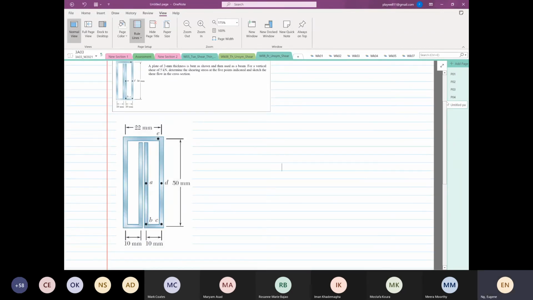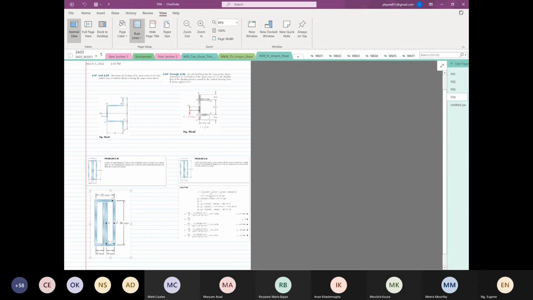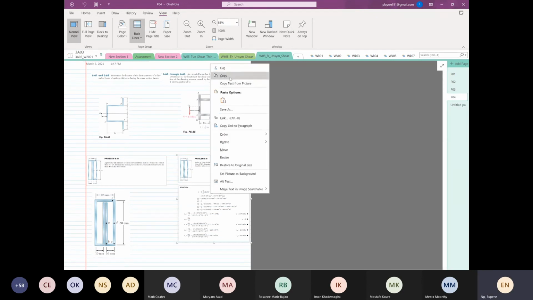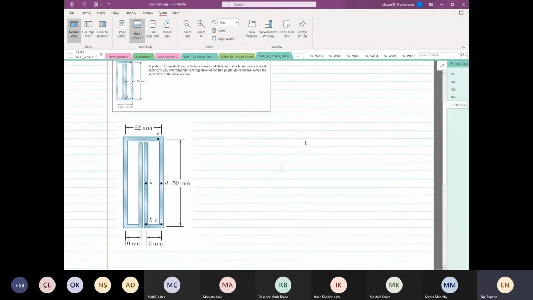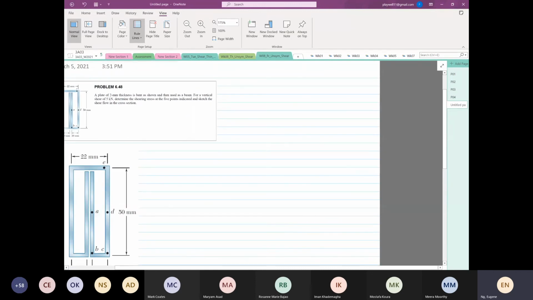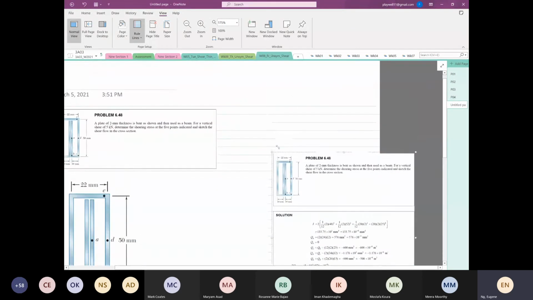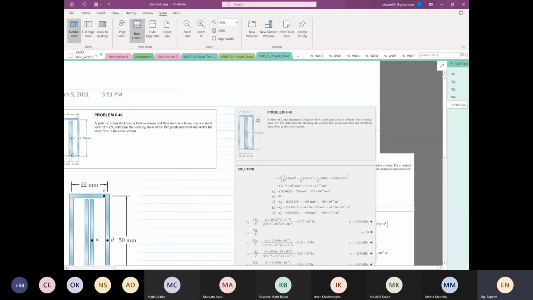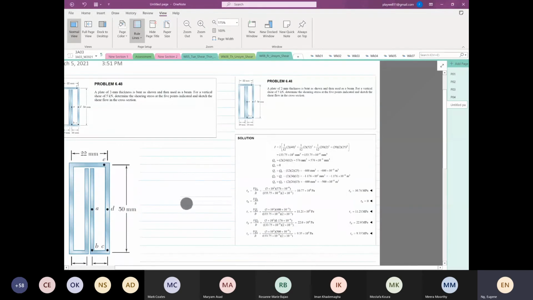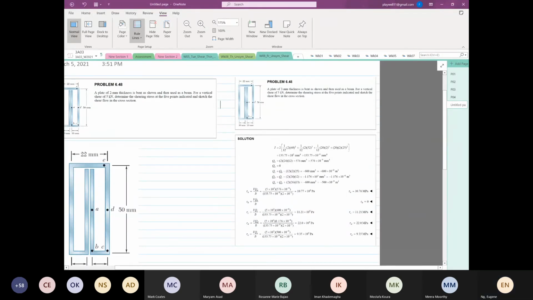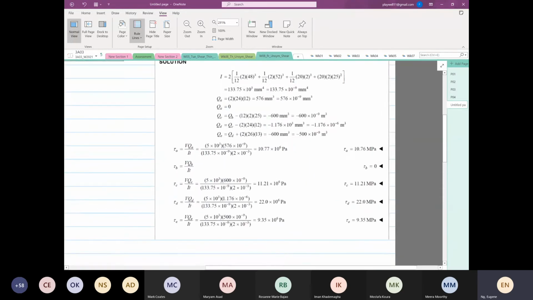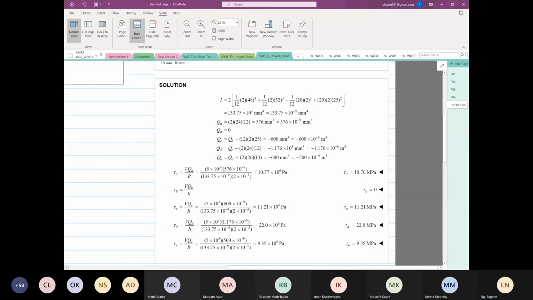We are going to look at this problem, and we are going to look at the solution. Why am I doing this? I think the solution manual is a double-edged sword. If you don't do the question and you just look at the solution, you think, oh, this is it, I understand. It's different from doing it on your own.